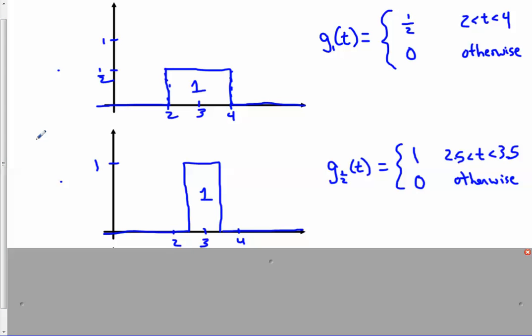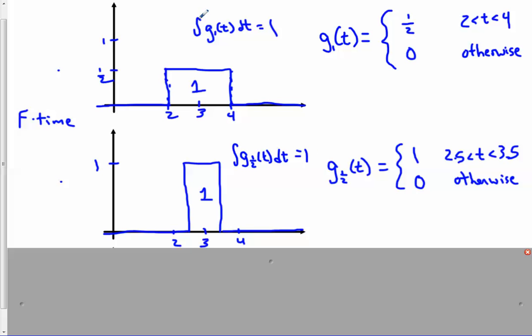If you've had physics, that is literally called the impulse. It's the force times the time. From a calculus standpoint, I'm saying it's the area, which is the integral. So the integral of this function is 1, and the integral of this function is also 1.